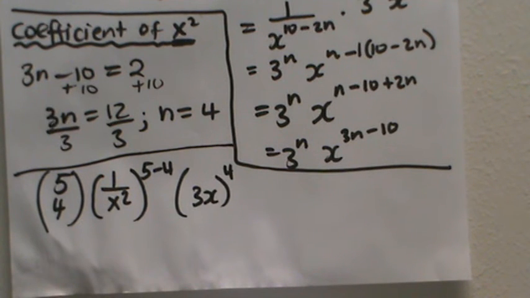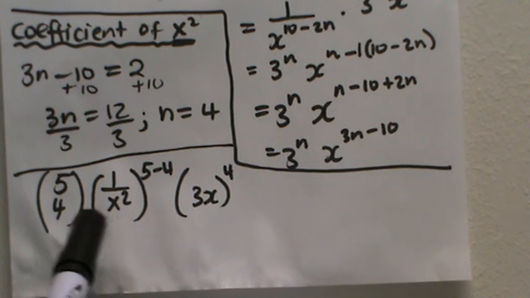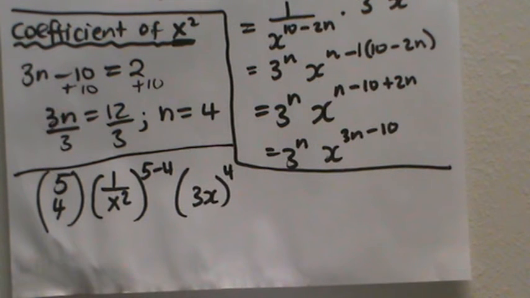And after I worked it out, we said n is 4. Now I substitute into this formula to get the coefficient, because the question didn't say work out n. There's no n in the question. We just want the coefficient of the term that has x squared. Okay, so we multiply this 5 choose 4.